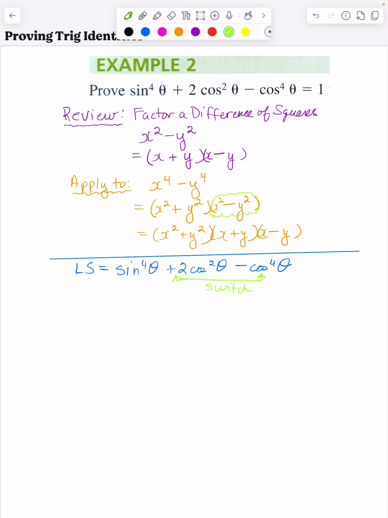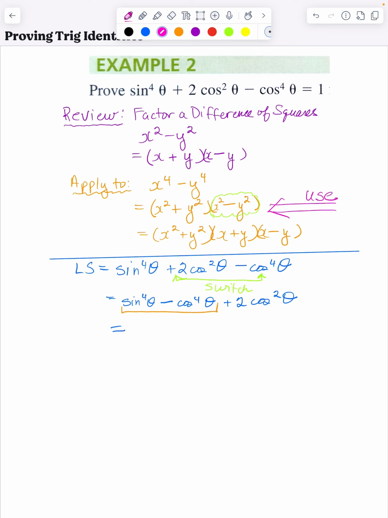So when I switch them, I'll end up having sine to the fourth theta minus cos to the fourth theta plus 2 cos squared theta. I now have this, which is in our apply to statement, but I'm not going to use the last statement. This is the one that I'm going to use.